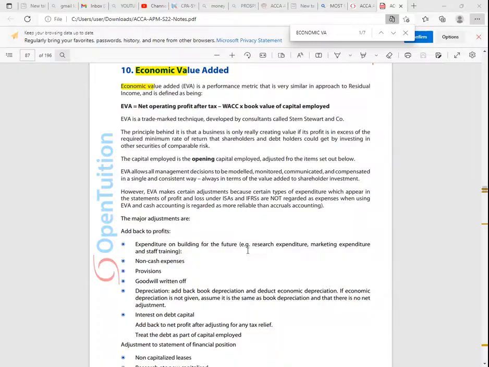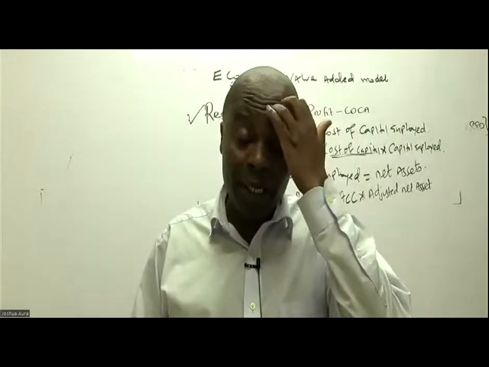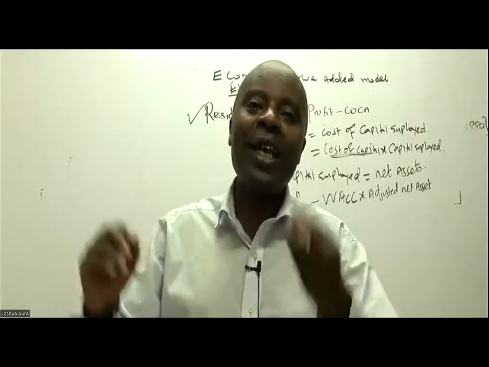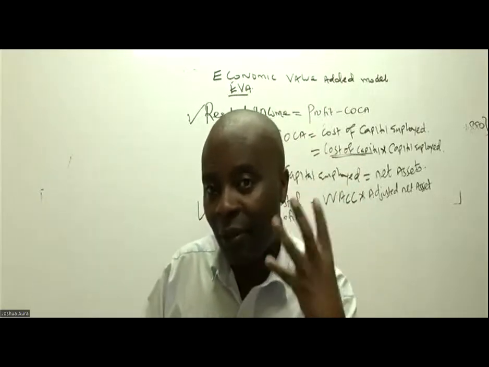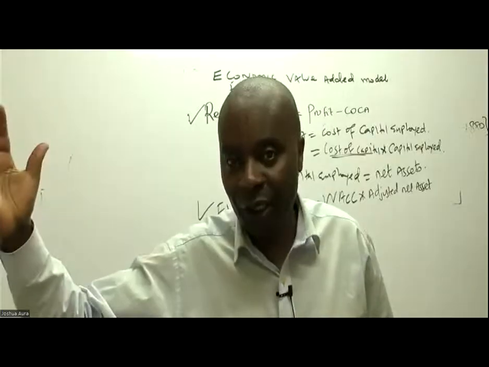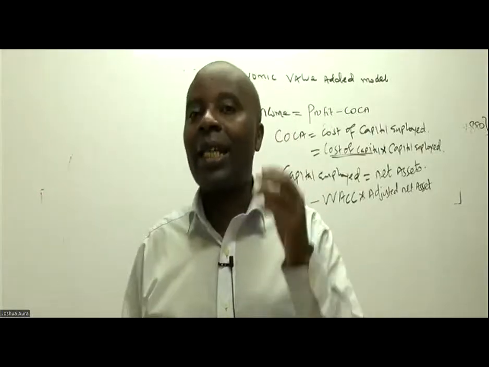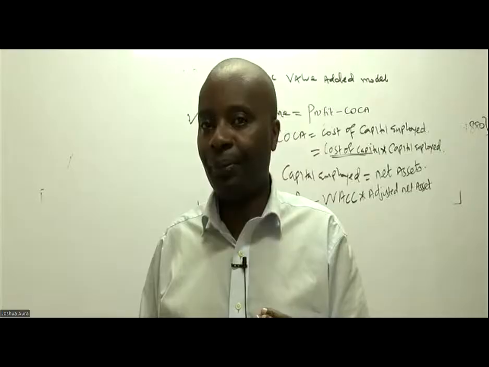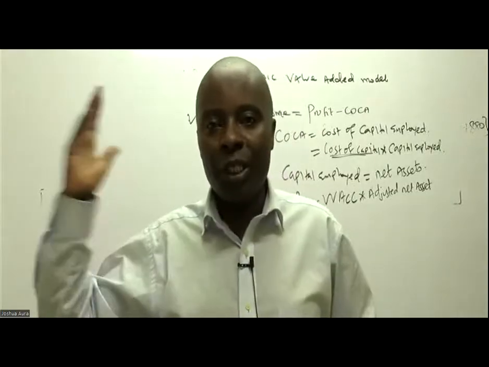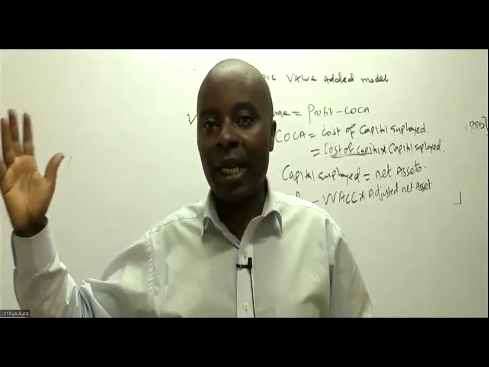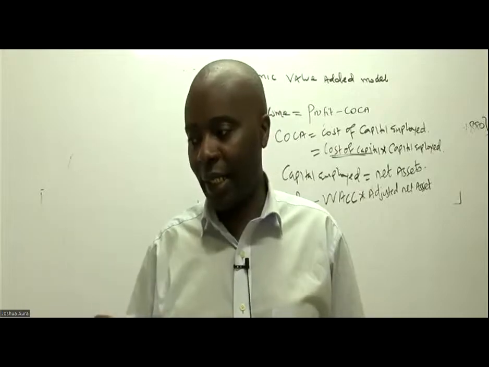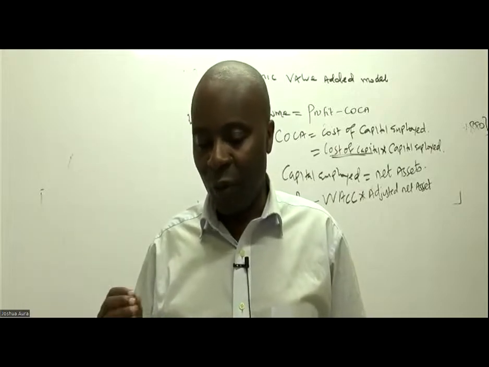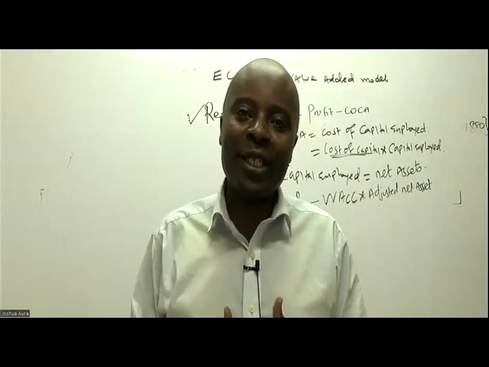Those expenses, ladies and gentlemen, should never ever be expensed. What we are told is that whenever you incur an expenditure that has got future economic benefits, remove it from the income statement and take it to the balance sheet as an intangible asset. Why? Because remember, by definition, what is an asset?